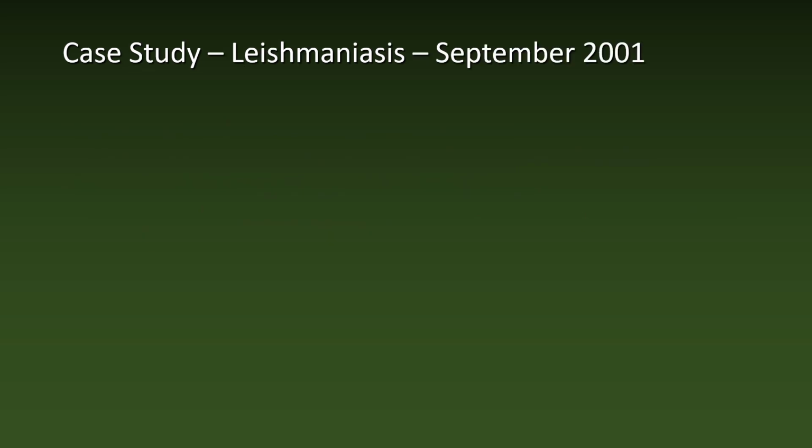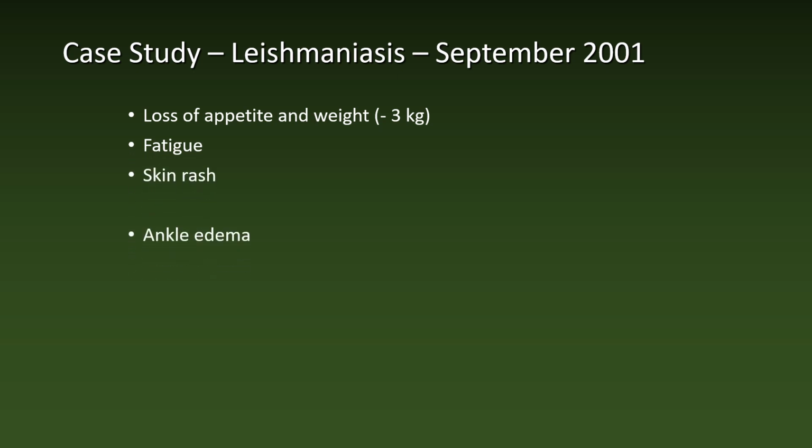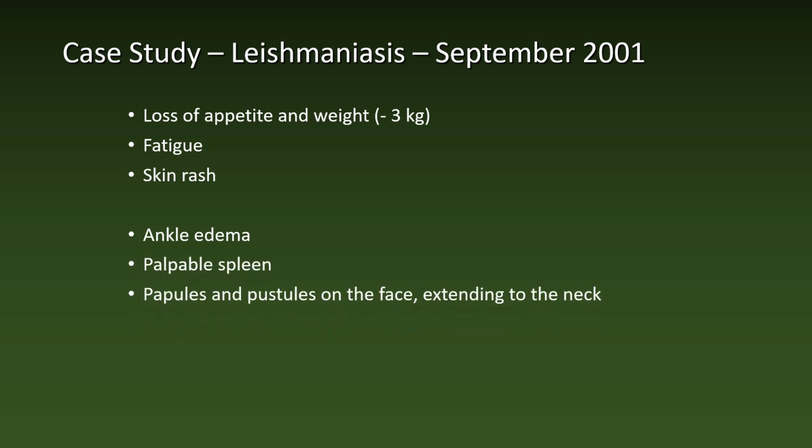We are now in September 2001, and again the patient complains of loss of appetite and weight, of fatigue, and of a skin rash. The medical chart records ankle edema, a palpable spleen, and papules and pustules on the face extending to the neck.